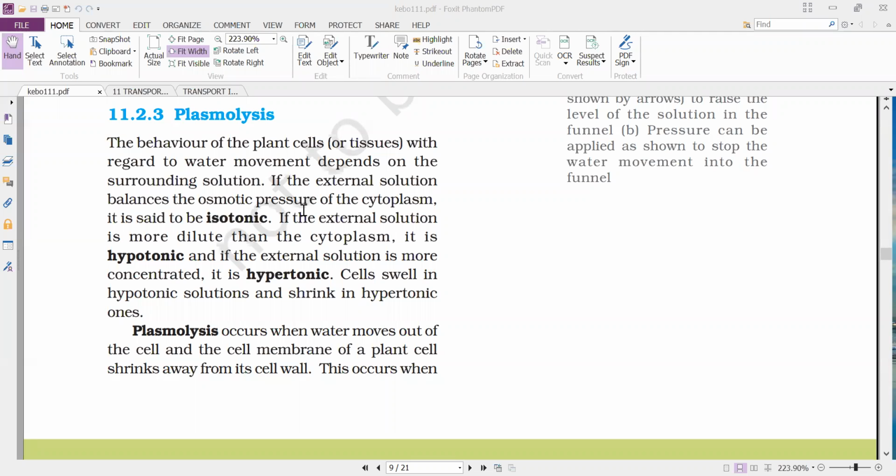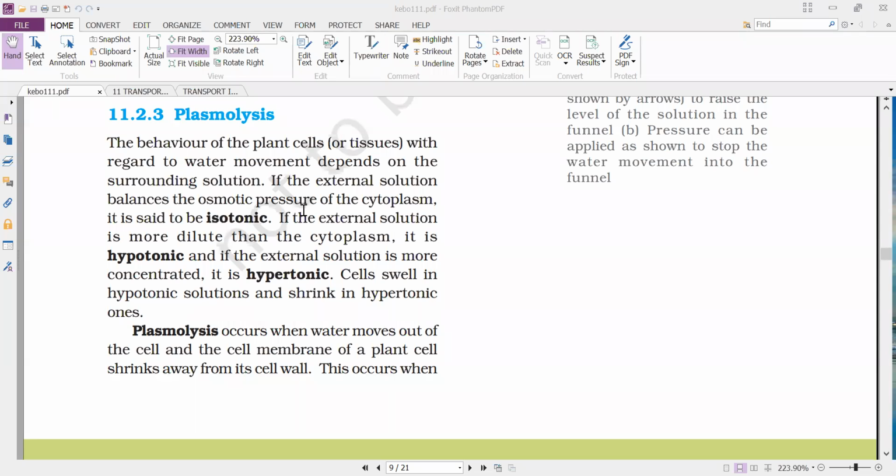Here, tonic refers to solute concentration. Iso means the same. So the concentration of the cytoplasm of the cell and the concentration of the external environmental solution are both the same.